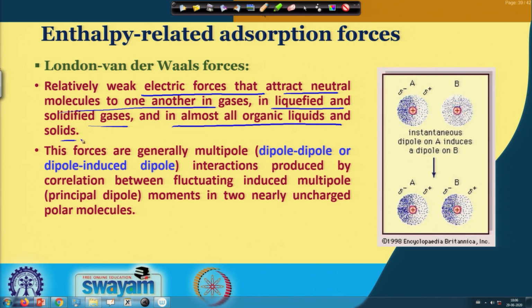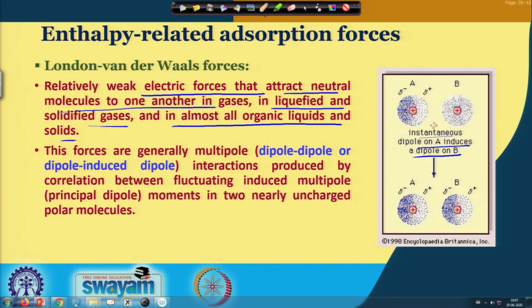So, here you can see there are neutral molecules, and when there is an instantaneous dipole on A that induces a dipole on B, then there is an attraction. That is called the London van der Waals force.